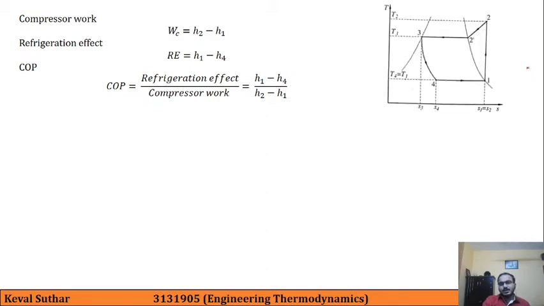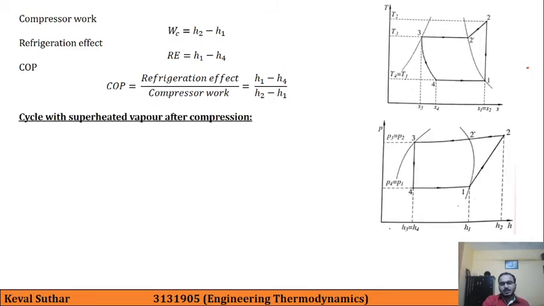Now our next case is the cycle with superheated vapor after compression. Here before compression it is purely dry, and at the end of compression it is in the superheated region. These are the corresponding TS and TH diagrams.